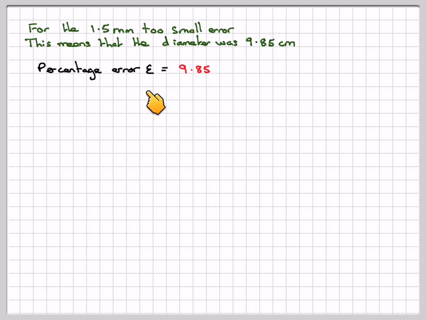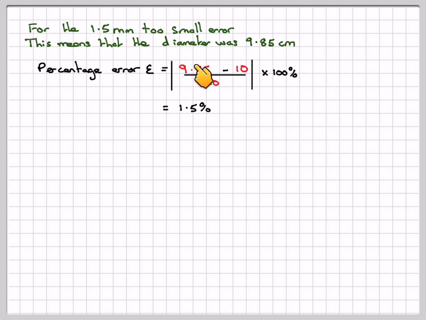So the percentage error will be this sign here, 9.85 minus what it should be, which is 10, divided by what it should be, and then multiplied by 100%. So that's going to be 1.5% if we work that on our calculator.